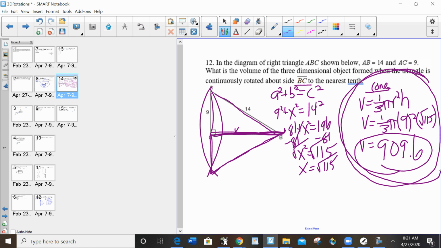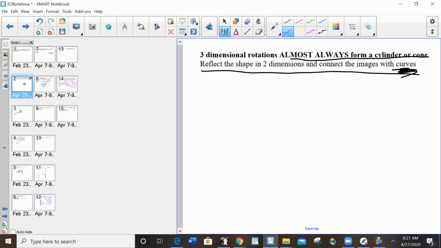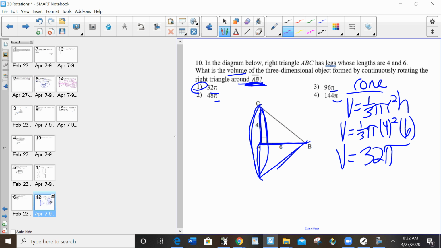So to do 3D rotations, we're going to reflect in 2 dimensions and connect the image and the pre-image with curves. Usually you're ending up with a cylinder or a cone. Since it has to be a curved shape, it can't be a rectangular prism, it can't be a cube, it can't be a triangular prism. It could be a sphere or a hemisphere as well, but it has to be something that's curved. And if they ask you to find the volume of a shape, you first do the 3D rotation, and then you find the volume, just like we've been doing all unit.